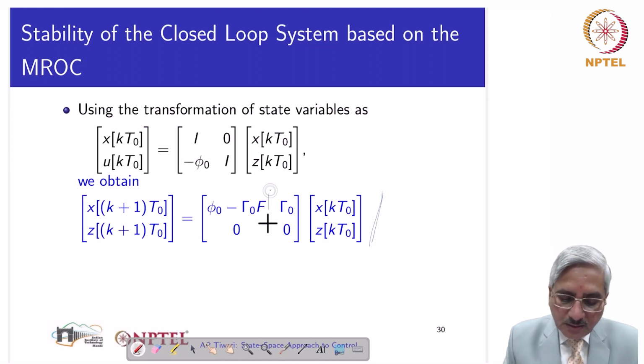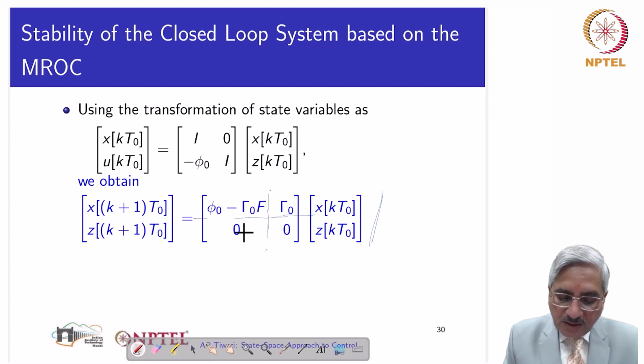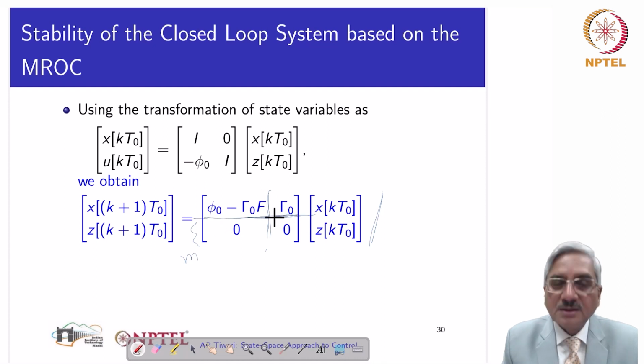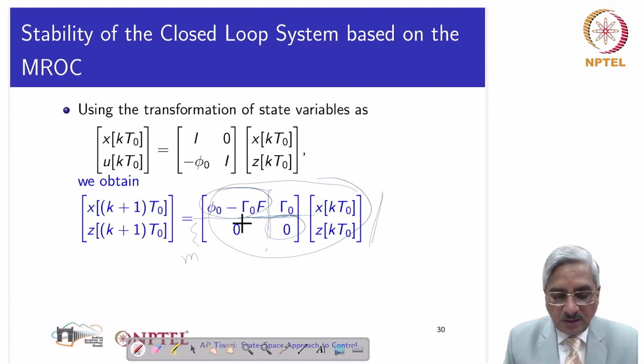And we see a very important thing from this system: because the lower m rows are all zeros, the eigenvalues of this whole system are those of this and zeros.